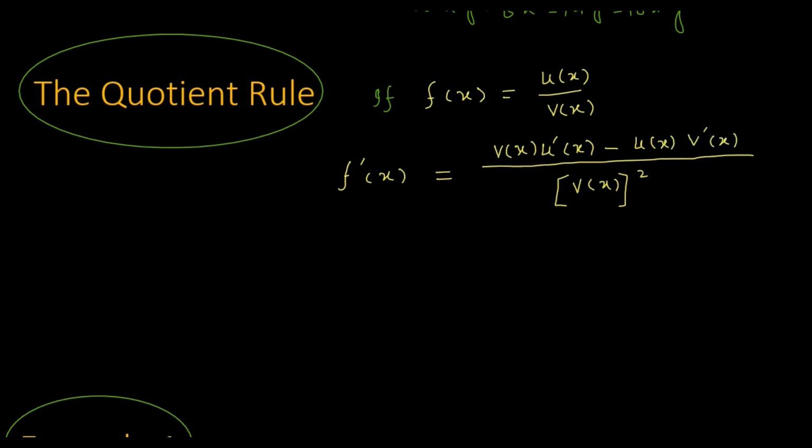So this is the quotient rule. You can see it is very simple. Here there are two functions which are dividing. One function is above, which is called the numerator, and in the denominator there is the other function. If one function is dividing the other function, then you take the derivative using this formula, which is also called the quotient rule.